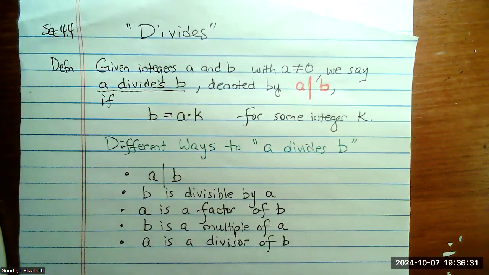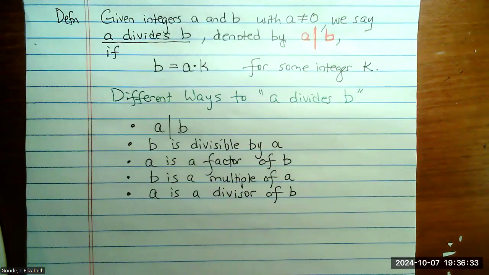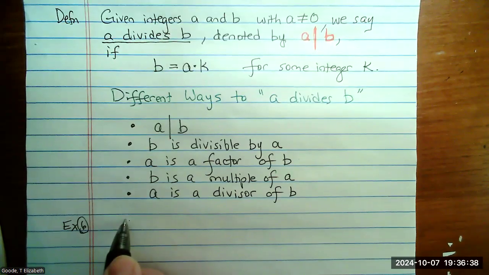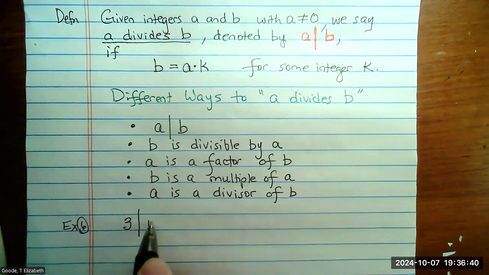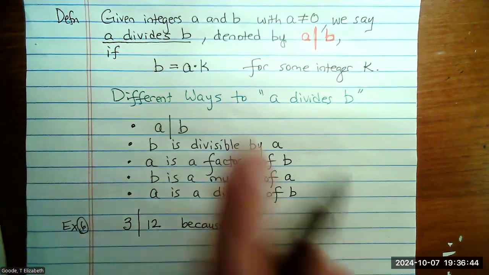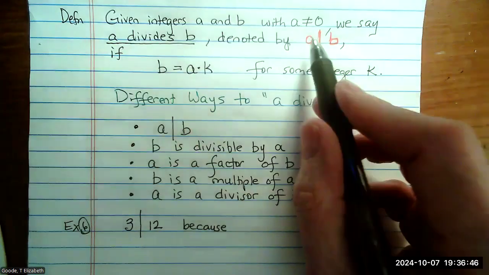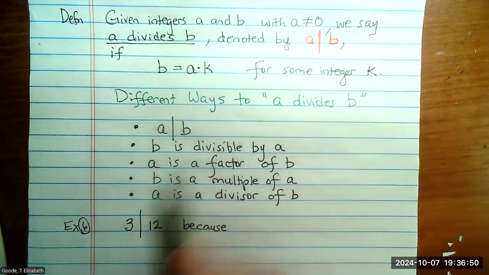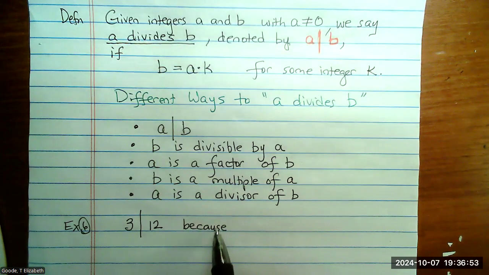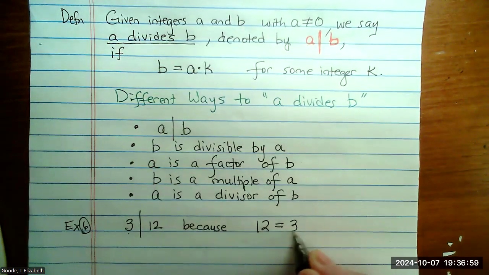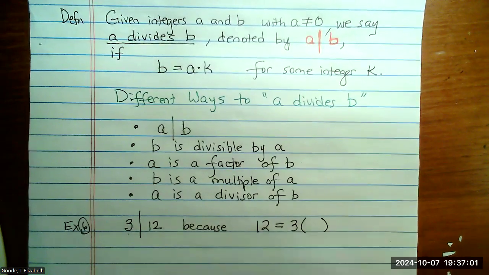Let's look at a couple of simple examples just to make sure that you got your head around this correctly. Example 6. Folks, 3 divides 12 because, all right, definition. 3 is the a, 12 is the b. 3 divides 12 because b, which is 12, equals a, which is the 3, times some integer k.